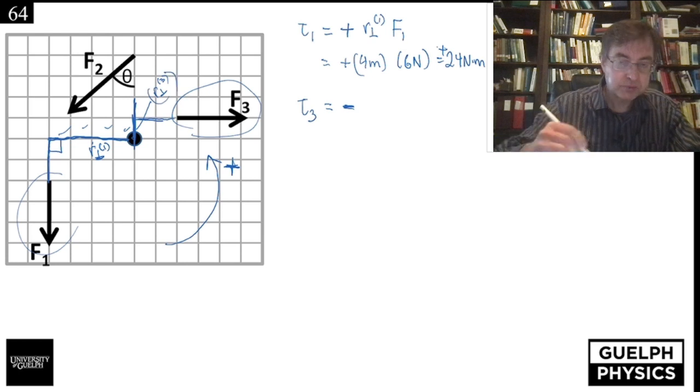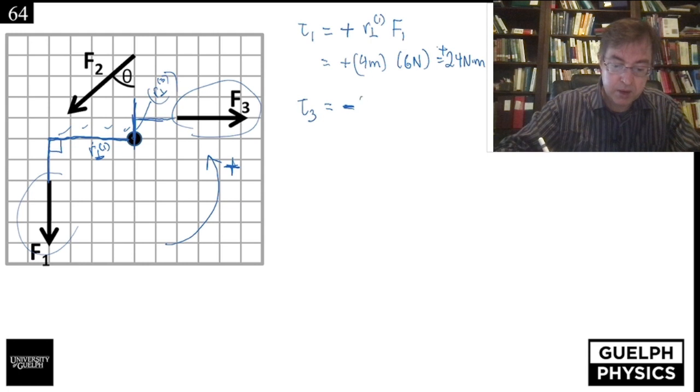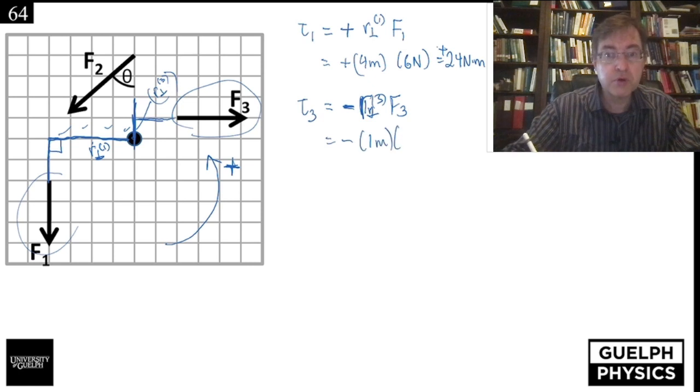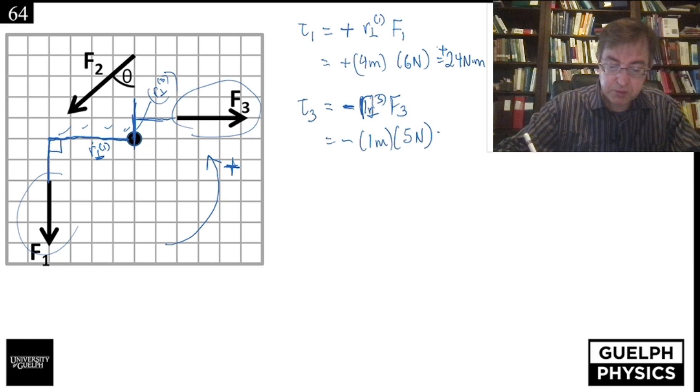R perpendicular 3 is 1 meter. So I'll call it R perpendicular 3 times force 3, and that is negative 1 meter times the magnitude of force 3, which is 5 newtons. That gives me a negative 5 newton meter torque.